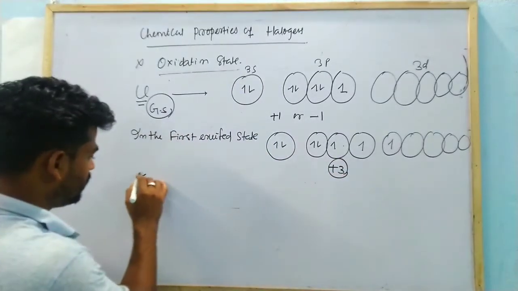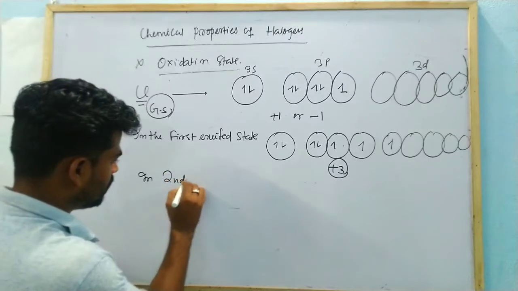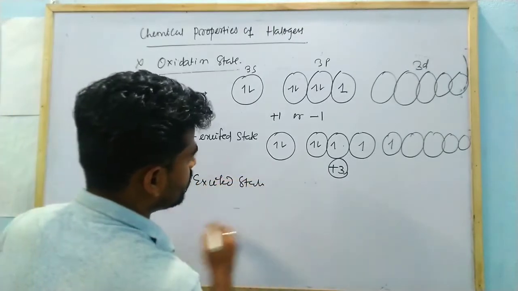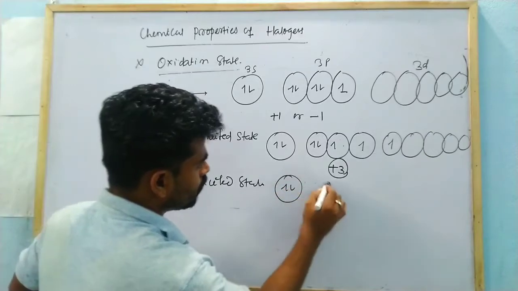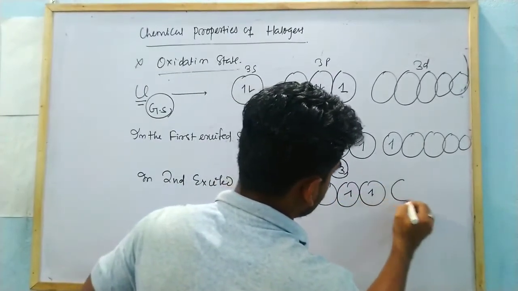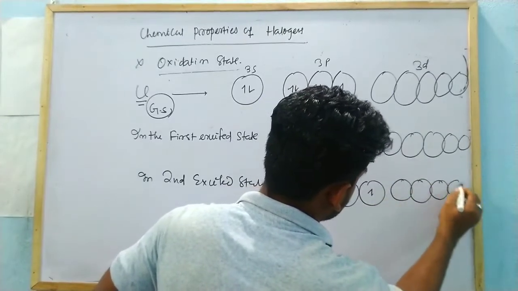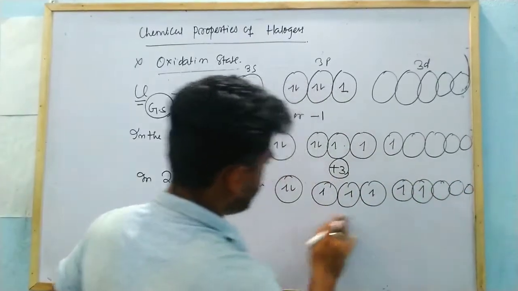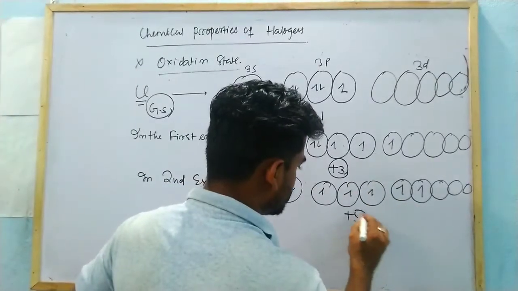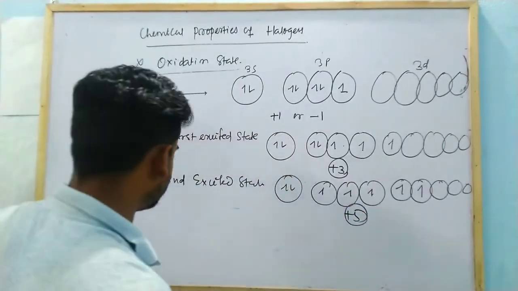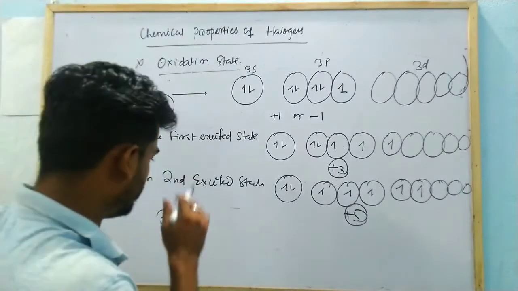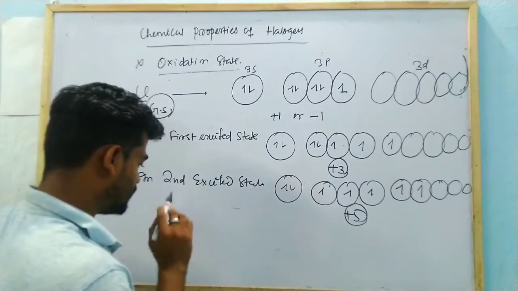Next, in the second excited state, how many unpaired electrons? 5. So here oxidation state can be +5. And the maximum oxidation state that can be obtained is at the third excited state.